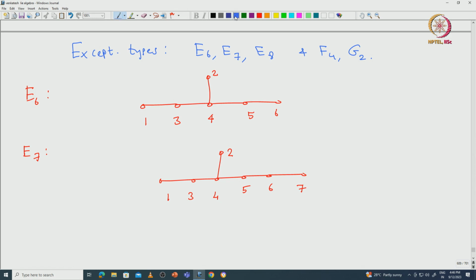Note that this part is exactly equal to E6. So in some sense these are embeddings of Dynkin diagrams; we will see later what they correspond to in terms of Lie algebras. We can prove that they correspond to actual embeddings of Lie algebras.